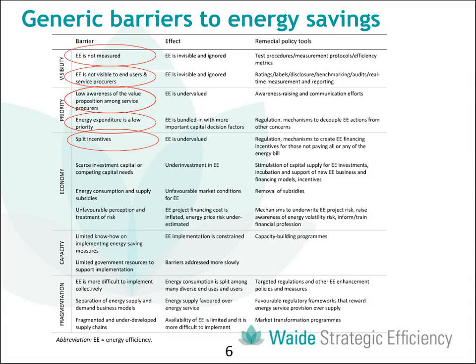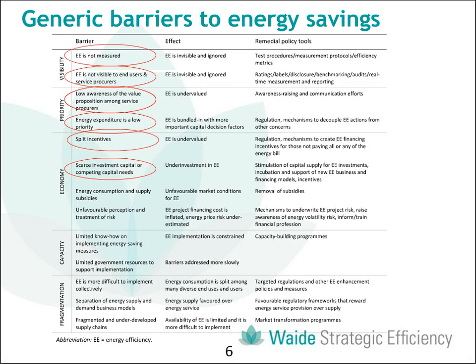Another example is that the capital investment account for organisations is managed separately from the operations and maintenance budget. And so the benefits of energy efficiency investments, which might require greater capital investments, would actually be seen by the manager of the operational and maintenance budget, not by the manager of the capital acquisitions budget who would be making the investment. There are many types of split incentives of this kind.